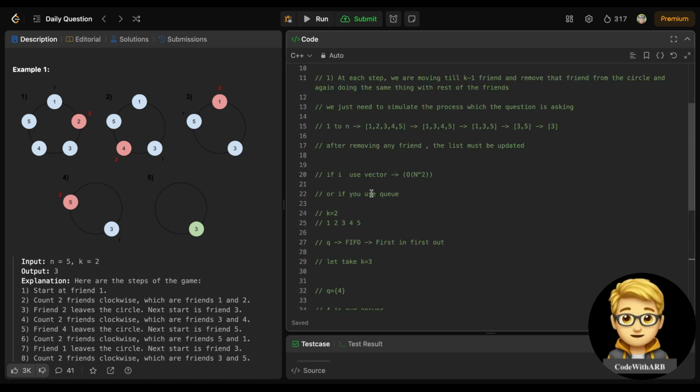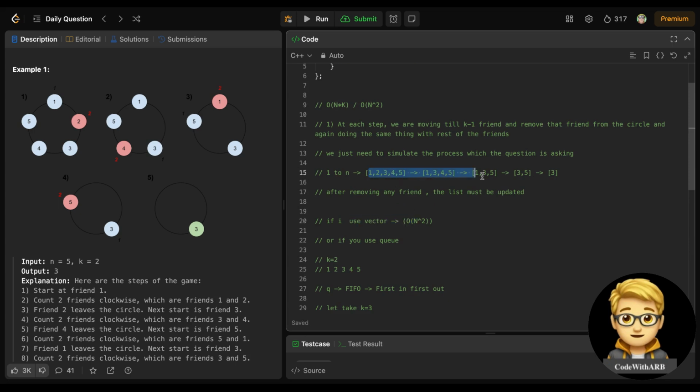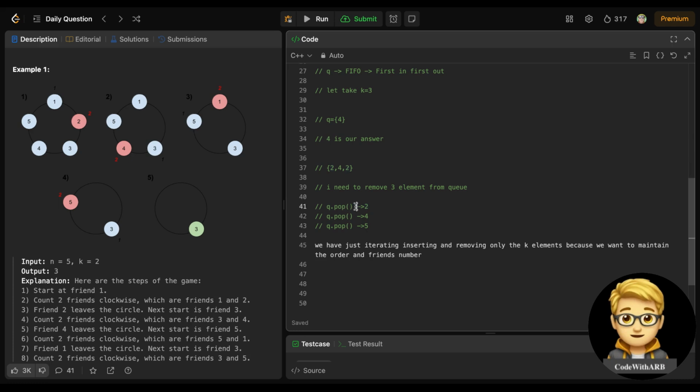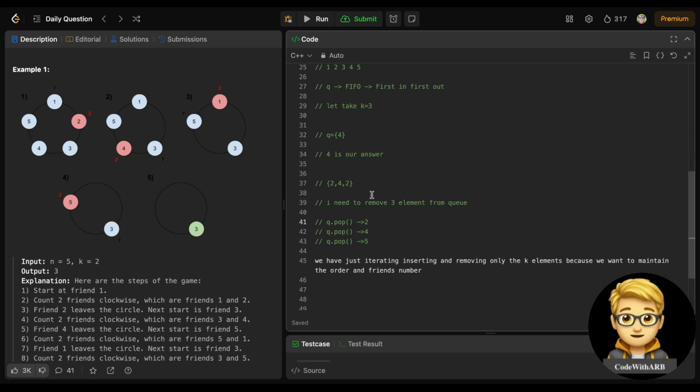Previously we were updating the whole list with the vector, but with the help of a queue, we can simply remove and push back the same thing, from the first part only.